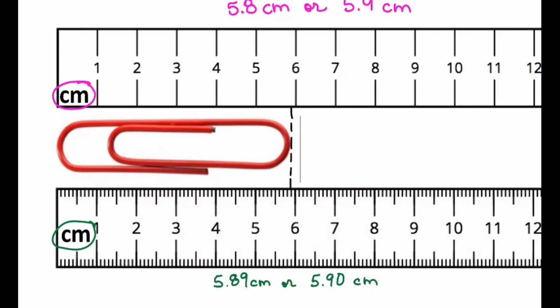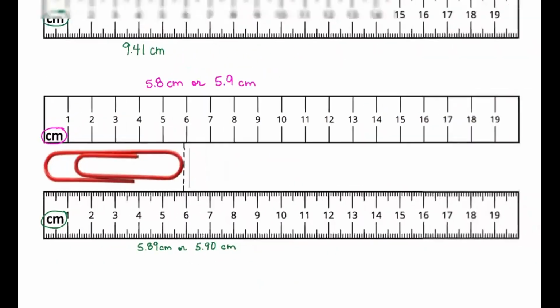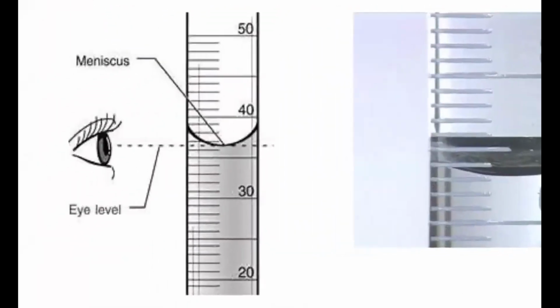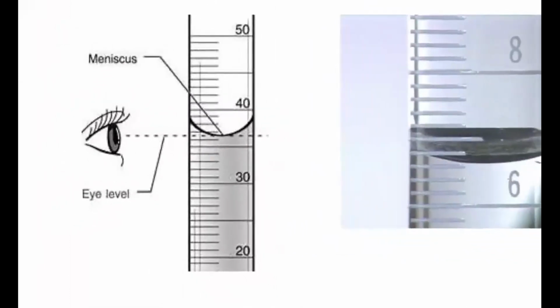Now, this whole skill of measuring objects with rulers actually also applies when we're measuring volume. So when we are measuring volume, let's understand that when you put certain substances in glass or in plastic, they may create what is known as a curvature, and the technical term for it is called a meniscus. That is the word that we see to the left of the slide, okay?